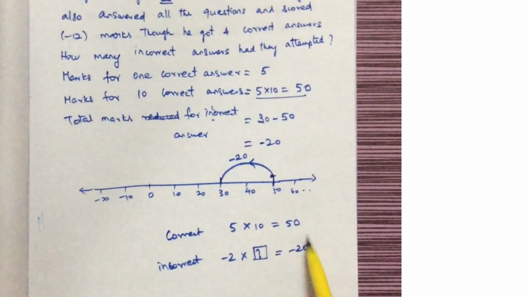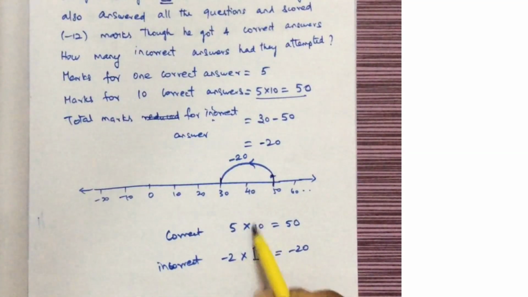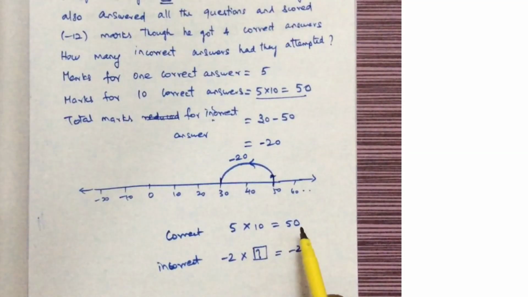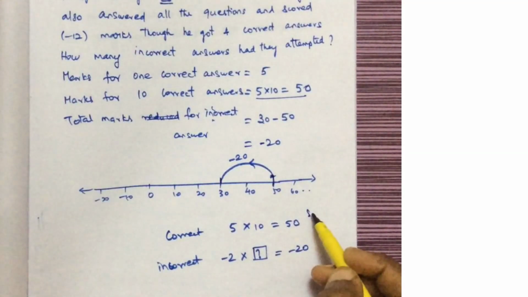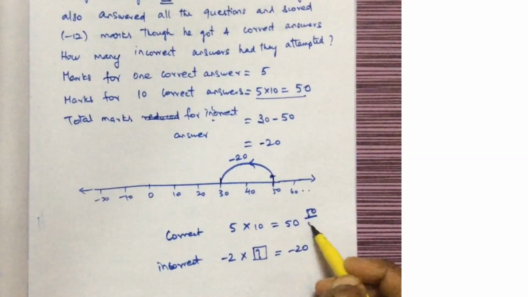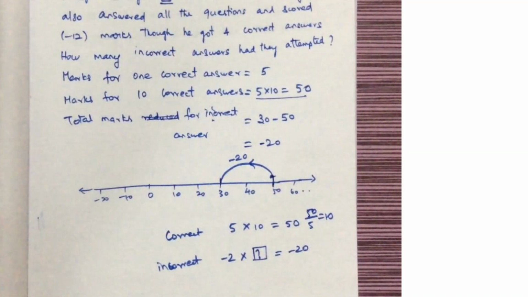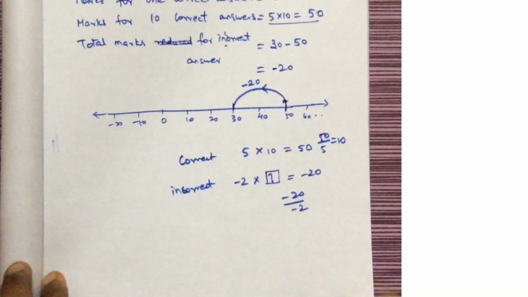So we can just compare. If you don't know the 10 here, what will you do? You will divide 50 by 5, that is equal to 10. Similarly, to find the number of incorrect answers, what you should do is minus 20 divided by minus 2.